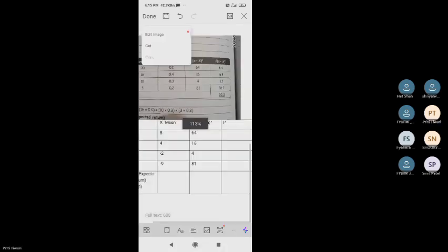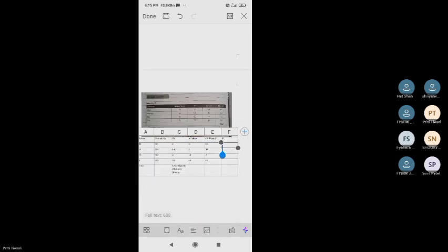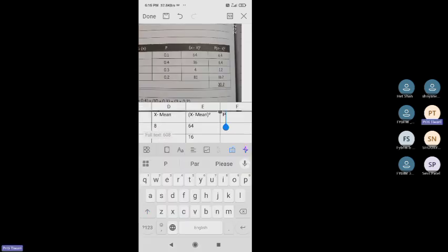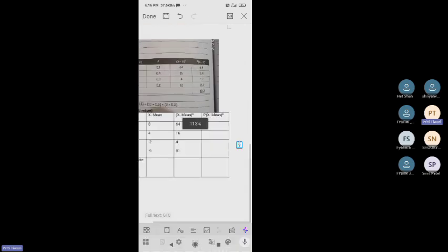We'll have one more column, and that column would be P into the squared deviations. What is P? P is your probability.